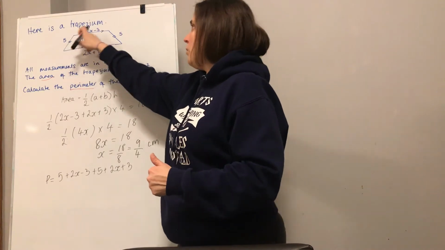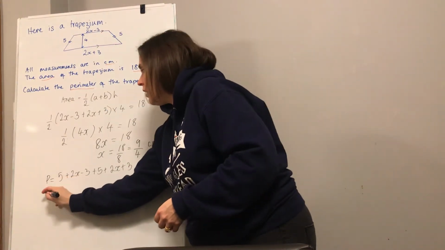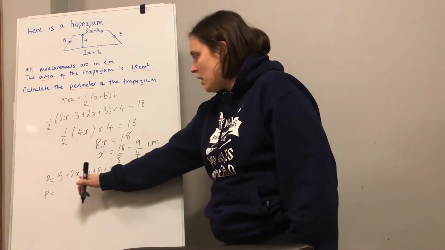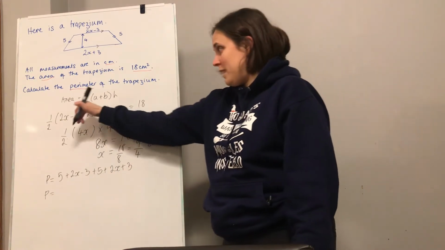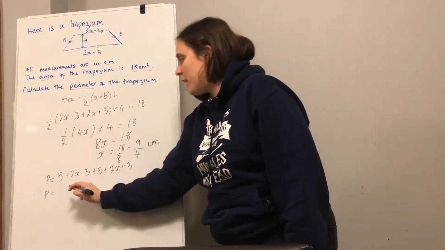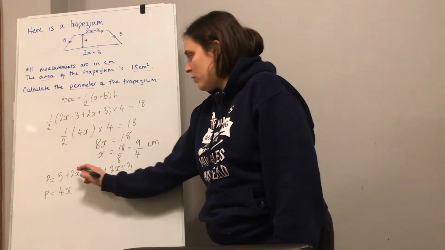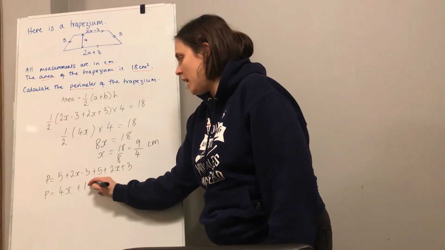Okay, so I've gone all the way around the shape, adding up all of the lengths as I go. The perimeter then, now if we simplify, we've already done 2x minus 3 plus 2x plus 3 because we had to do that in here, and we found that that was 4x. So we have 4x, and then all we've got to do is add up the 5 and the 5, and that adds up to 10.